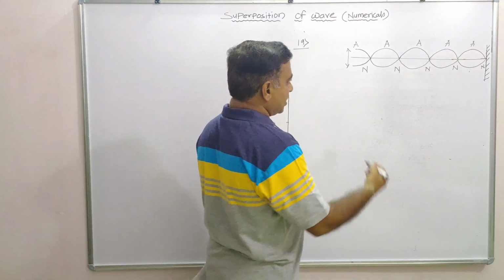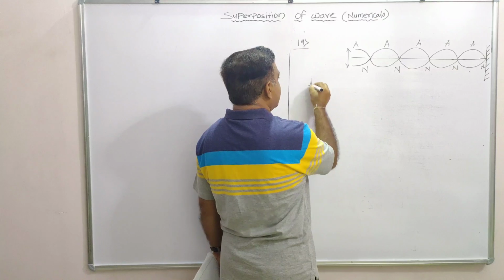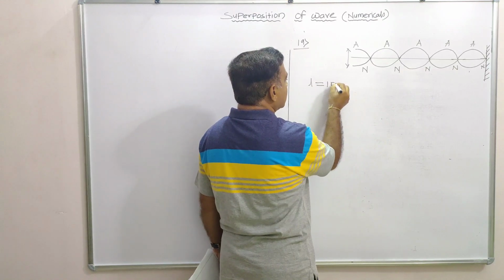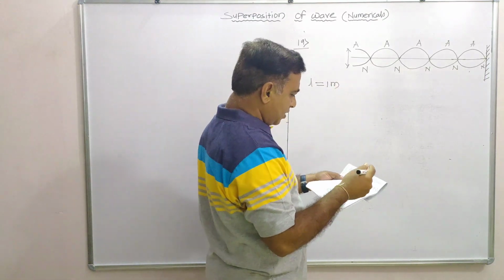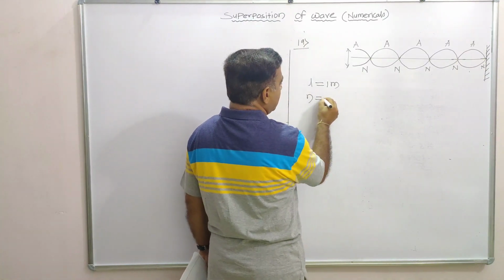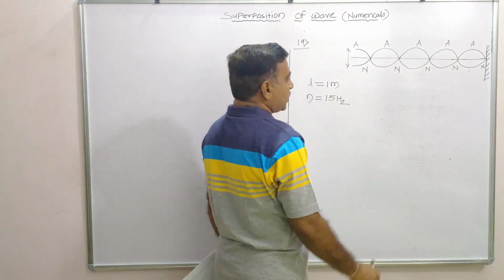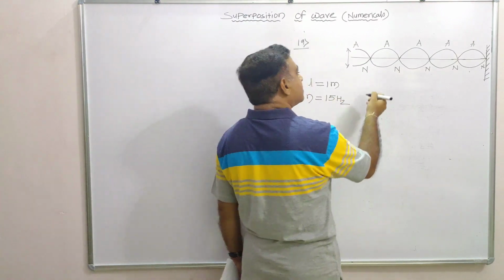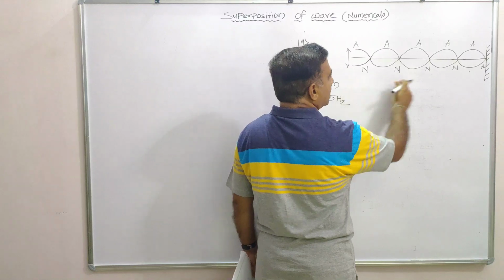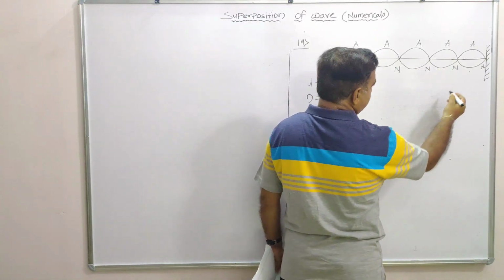And we know that the total length L of this string is equal to 1 meter. And the frequency is given. How much is the frequency? Frequency is 15 hertz. So we need to calculate the total length of 1 meter in terms of lambda.